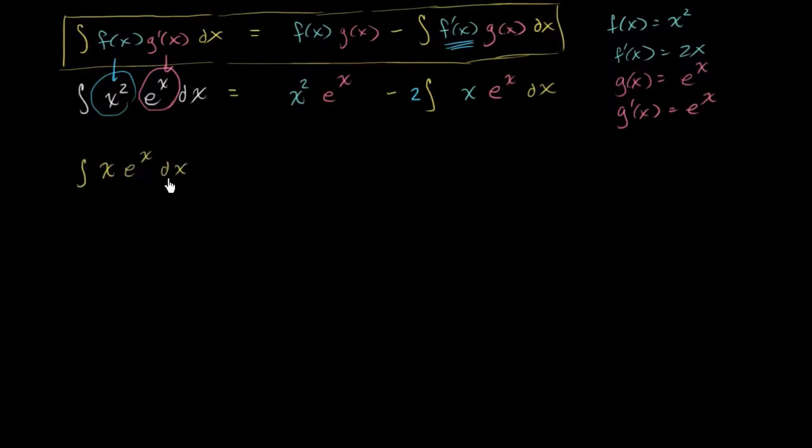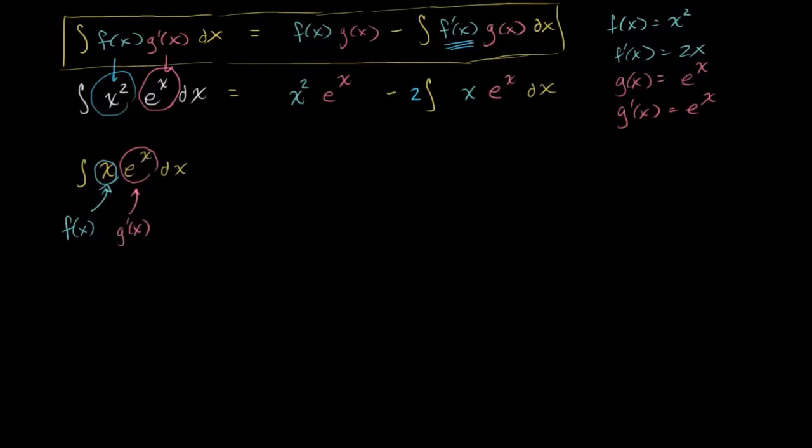And now this is another integration by parts problem. And so let's again apply the same principles of integration by parts. When I take its derivative it is going to get simpler. Well, x is going to get simpler when I take its derivative. So now for the purposes of integration by parts, let's redefine f of x to be equal to just x, and then we can still have g prime of x equaling e to the x.